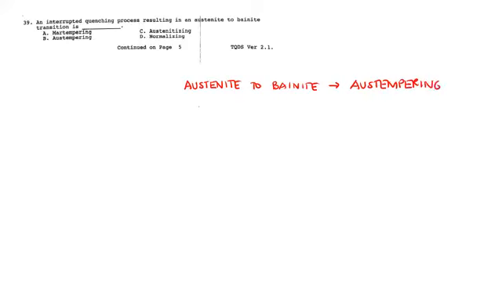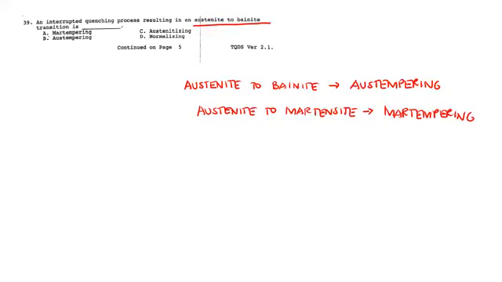Kapag austenite to martensite, tawag dito is martempering. So tandaan nyo to. So the answer here is, since austenite to bainite, austempering, letter B.